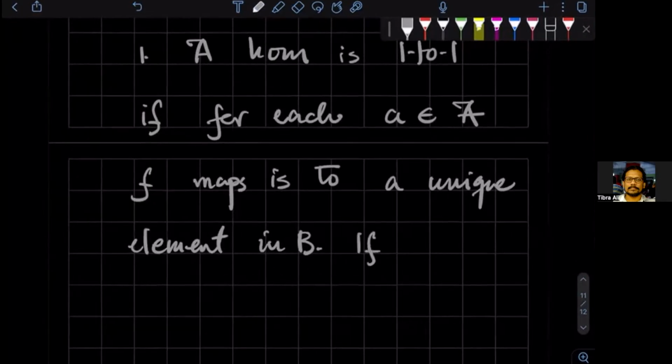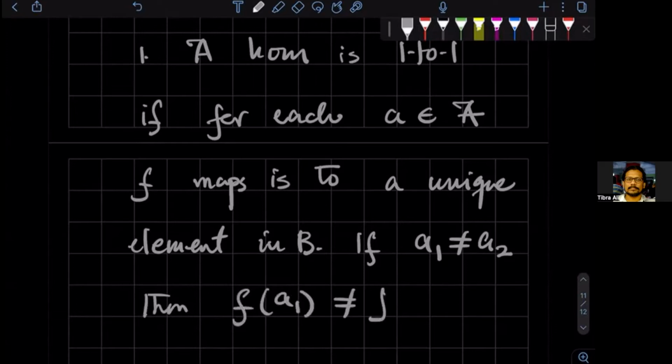If A1 and A2 are different elements in the first group, then F of A1 is not equal to F of A2, okay? So if that is the case, then we say the map is one-to-one.